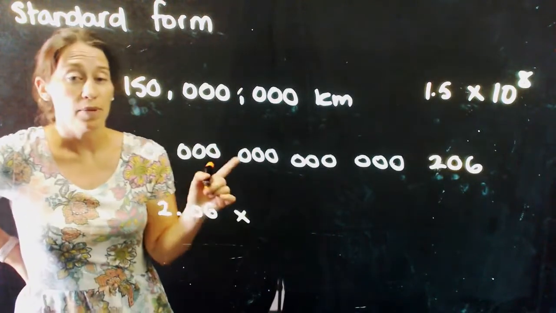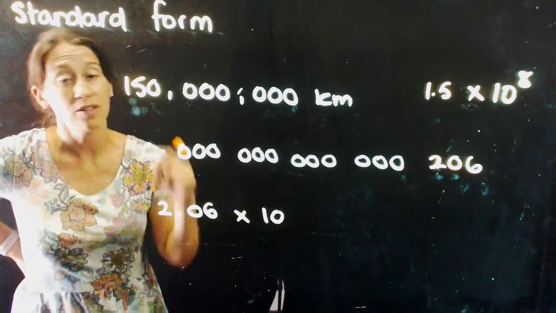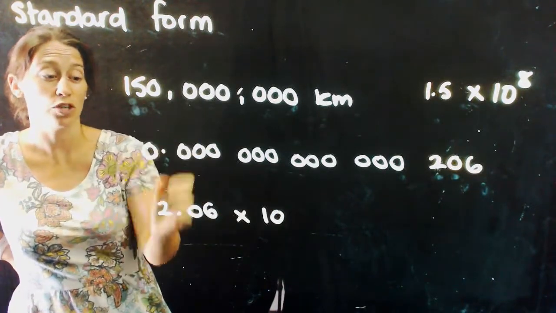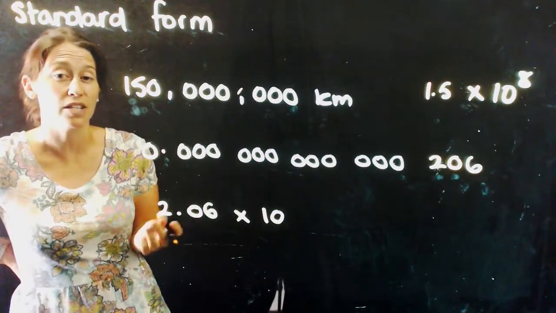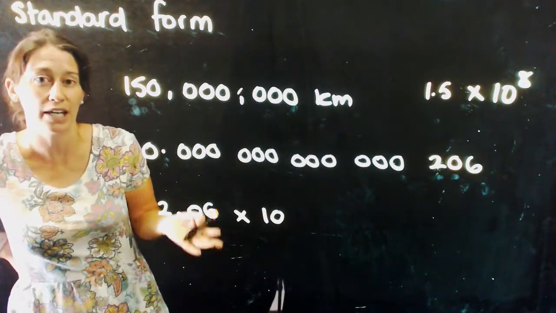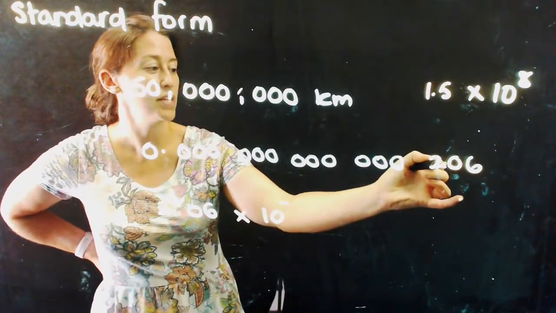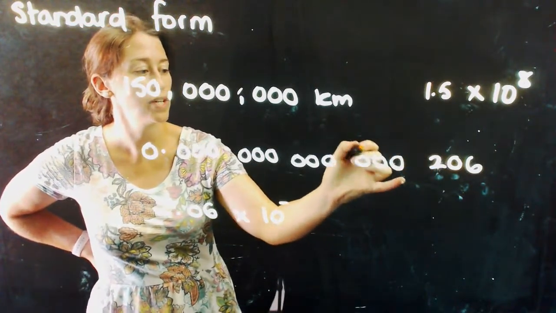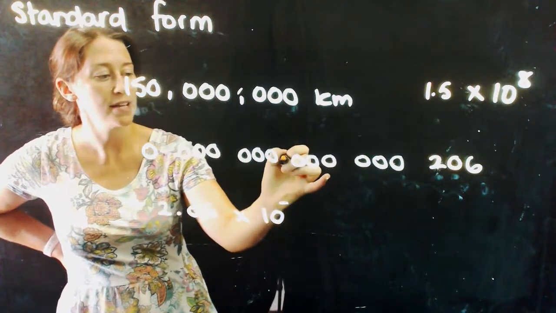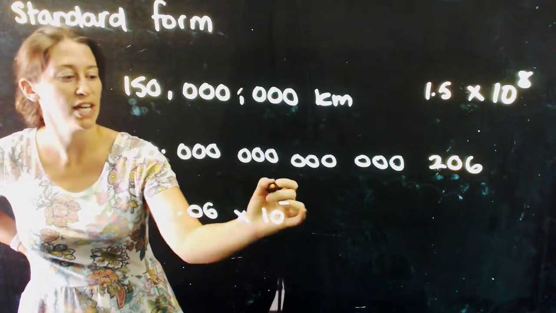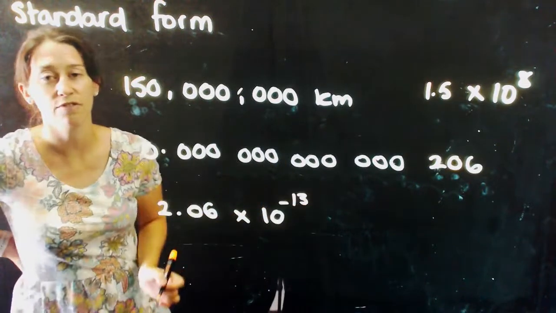Now let's count how many powers of 10 that digit needs to move to get to where it is in the current number. I'm going backwards, so it means I'd be dividing by powers of 10, so clearly it's going to be a negative power. So the decimal point's here, and we go 1, 2, 3, 4, 5, 6, 7, 8, 9, 10, 11, 12, 13. So it's to the power negative 13.